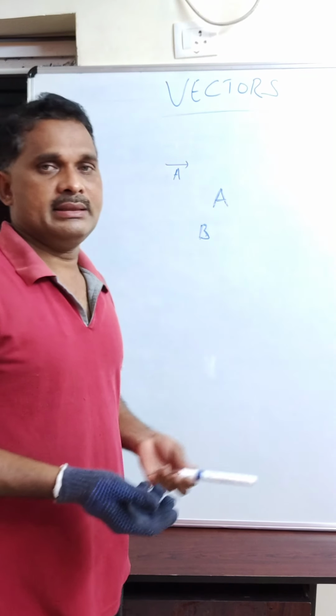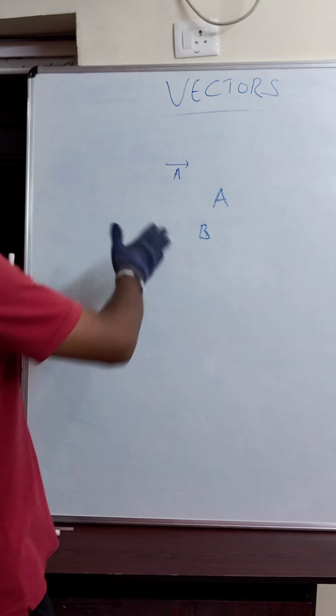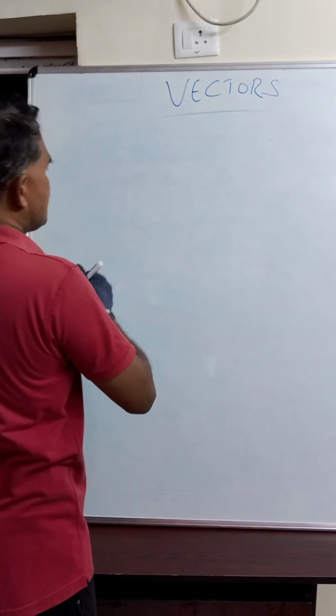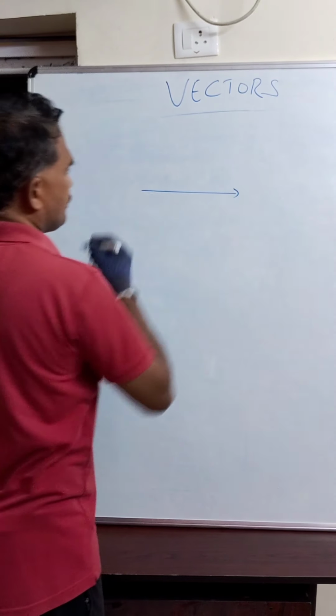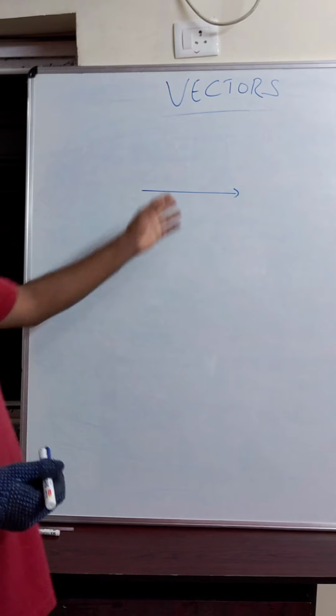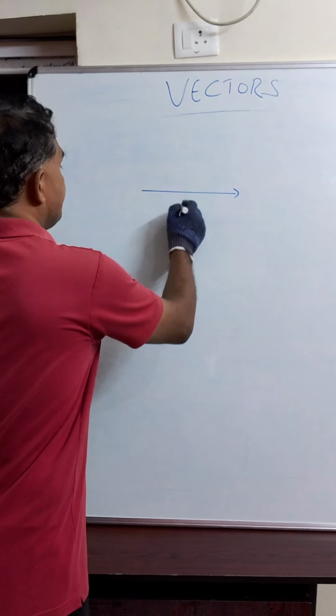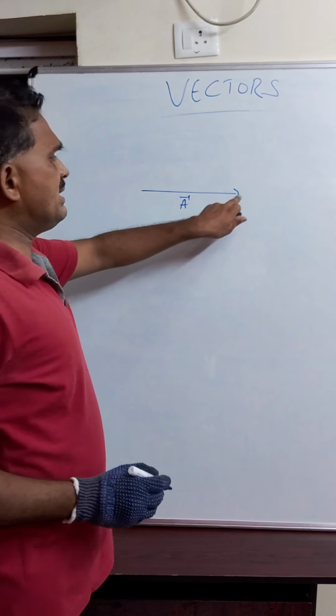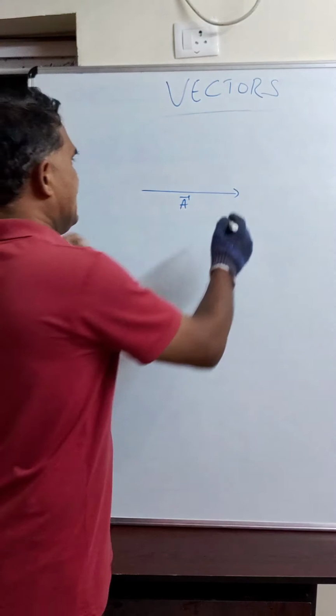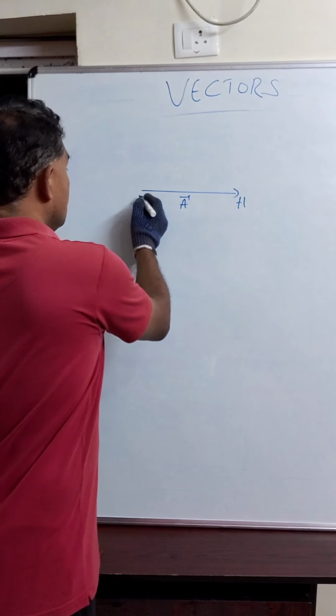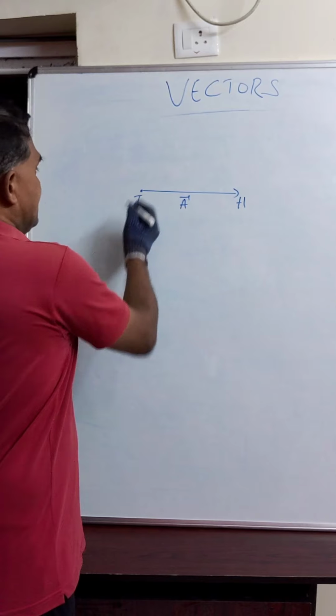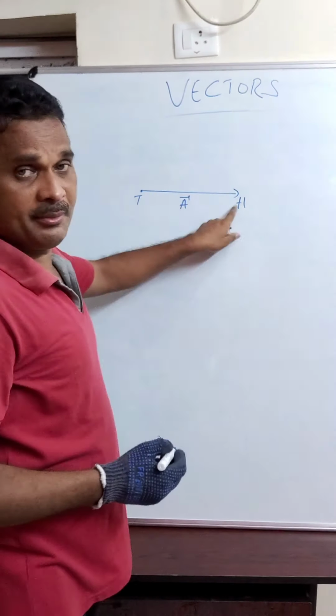Graphically, how do we represent vectors? Just a simple arrow. This is the vector A bar. What does the arrow symbol represent? It has a head and a tail. This is the tail point and this is the head point.